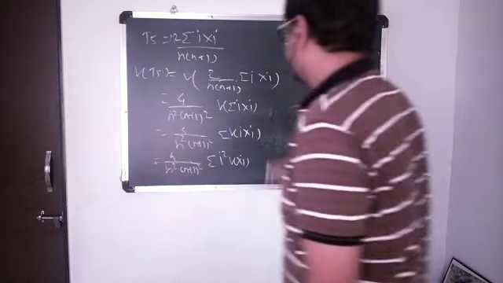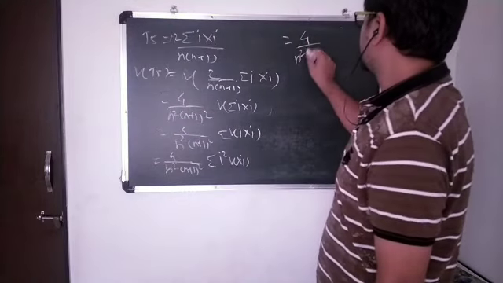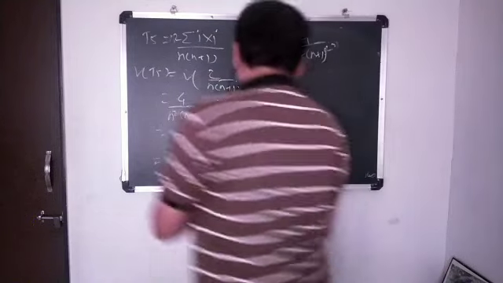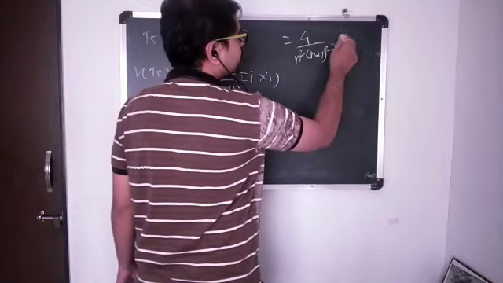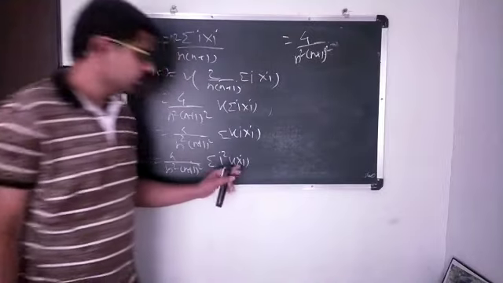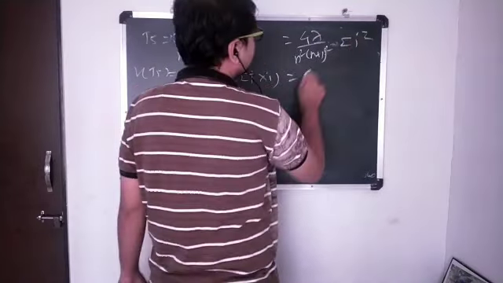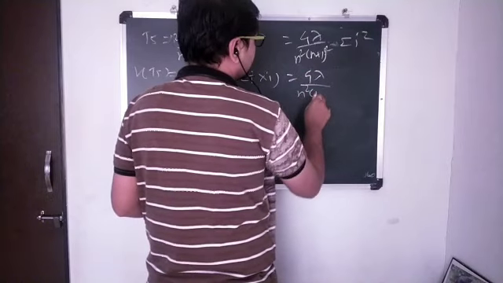So this is equal to 4 upon n square into n plus 1 whole square, summation i square, and the variance of Xi is lambda. So 4 lambda into summation i square.